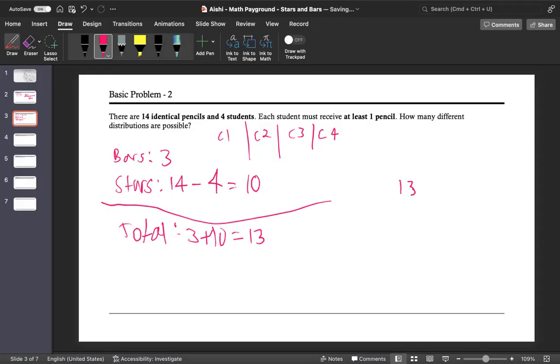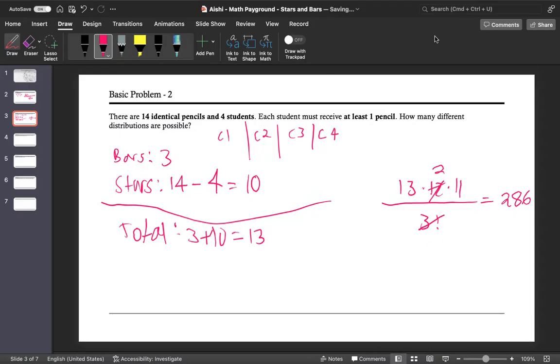For the first bar, 13 times 12 times 11 divided by 3 factorial, because the bars can arrange in between themselves in 3 factorial ways. So 3 factorial and 12 can cross out, giving 12 a 2. So we would have 286.